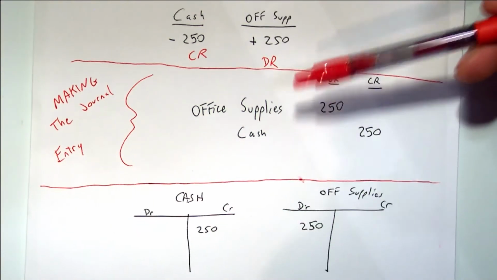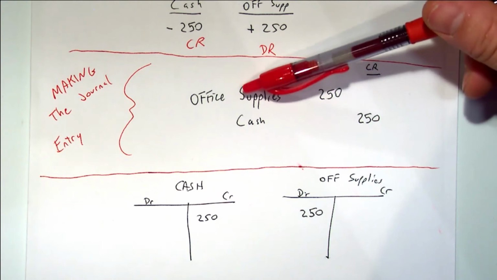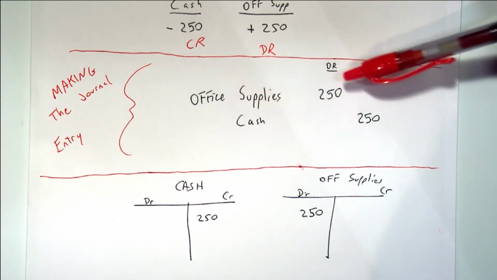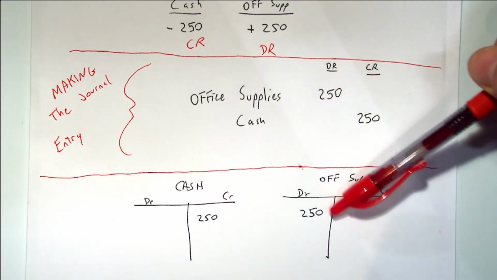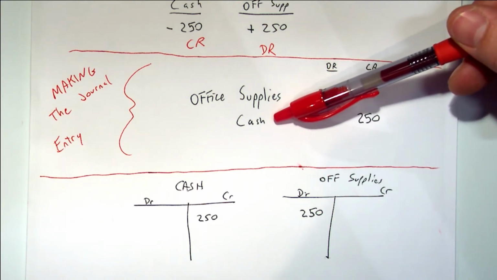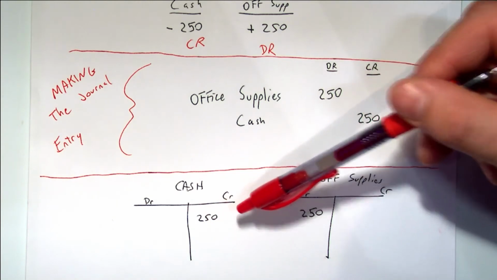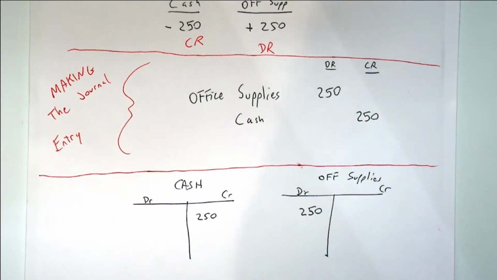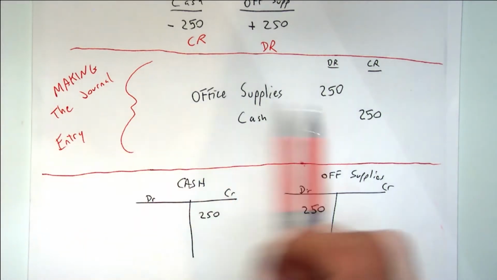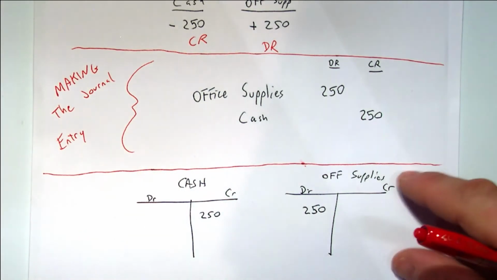This journal entry is a way of saying we need to go to the office supplies T account and debit it for $250, like we did here. And then we need to go to the cash T account and credit it for $250, which we did here. Now, this is called making the journal entry, and it tells us what to do down here.